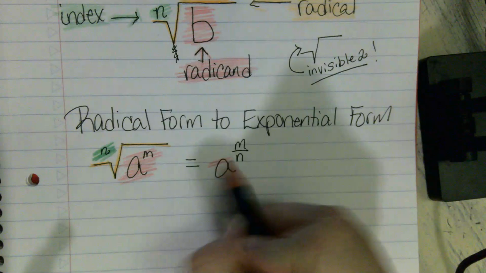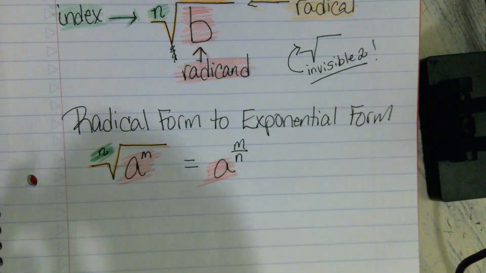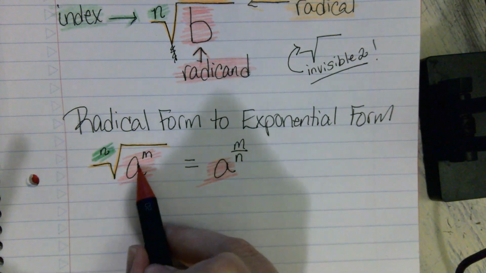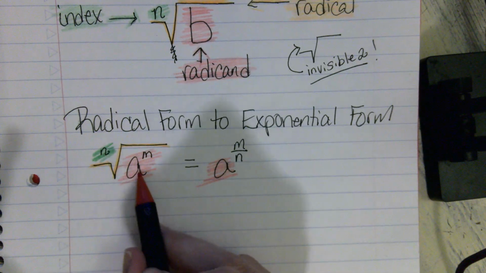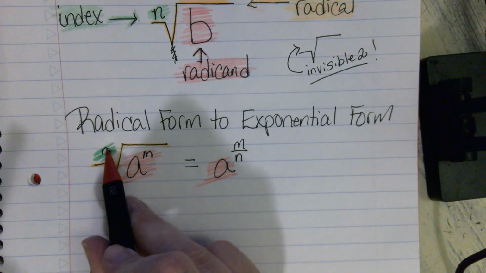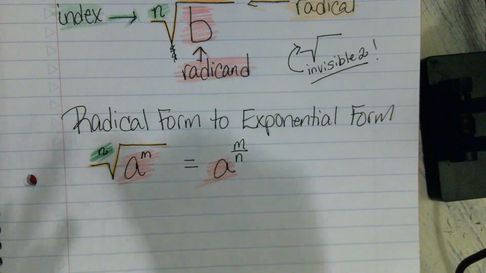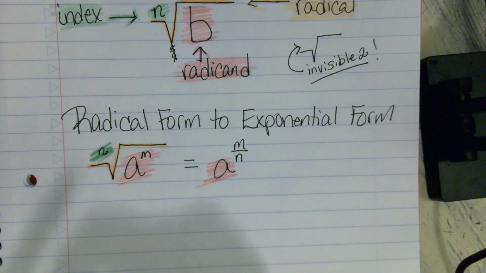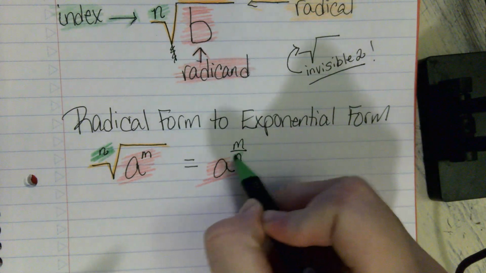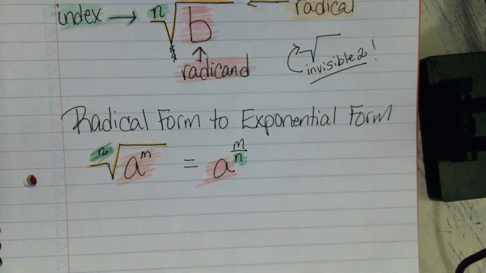The more you practice this, you'll get to where you can write that very quickly. I just usually say, okay, it's a to the m over n power. Just repeat that over and over. So our index is always our denominator.